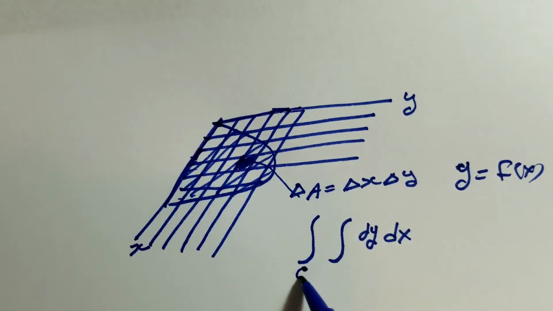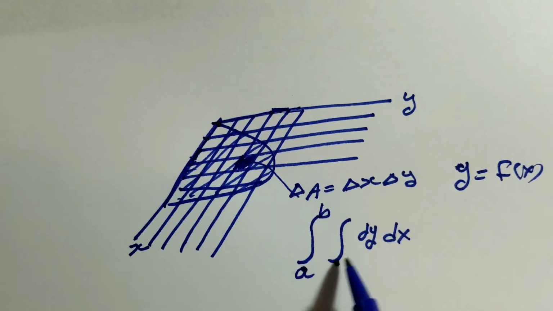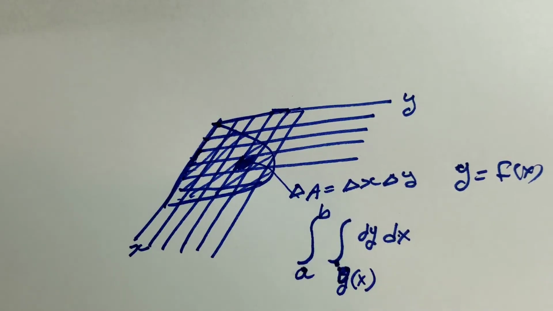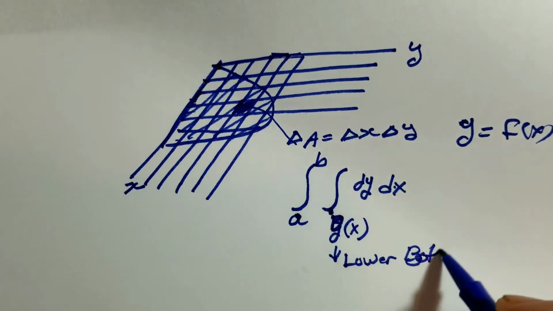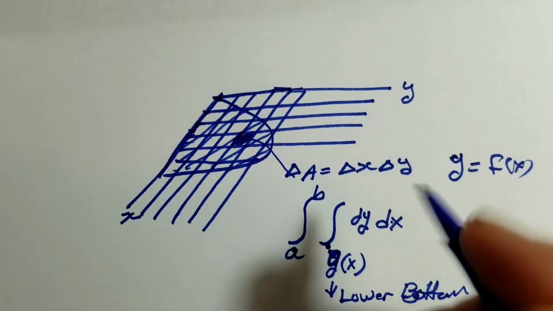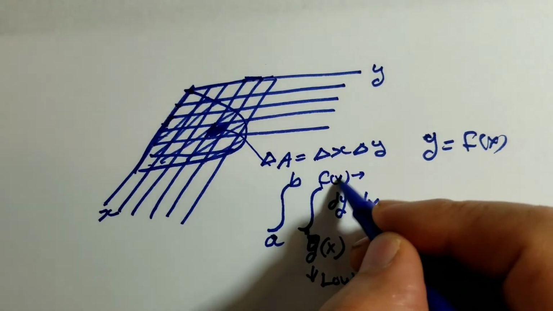You go from a to b, but if it's with respect to x, you have to write the bottom function, which maybe is g of x. That's the lower function or the bottom function. And this one is your top function or upper function.